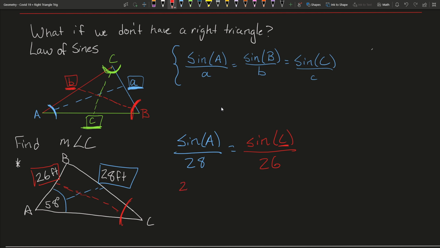So when we do that, we get 26 sine of A over 28 is equal to the sine of C. Yes, angle A is 58.